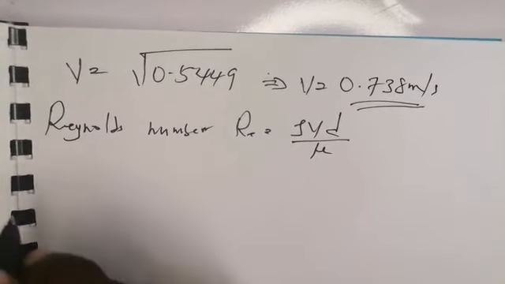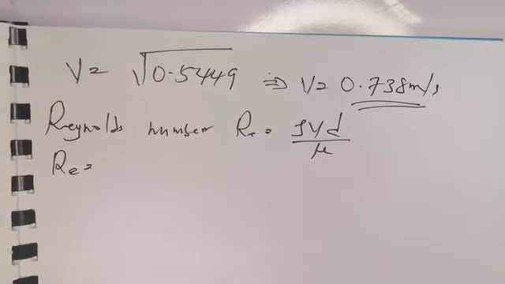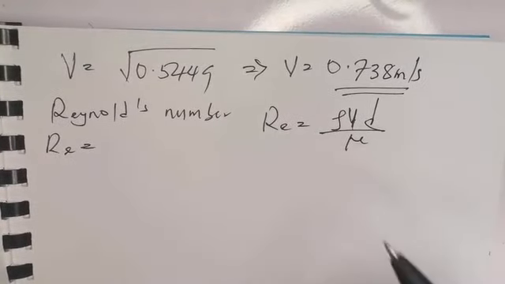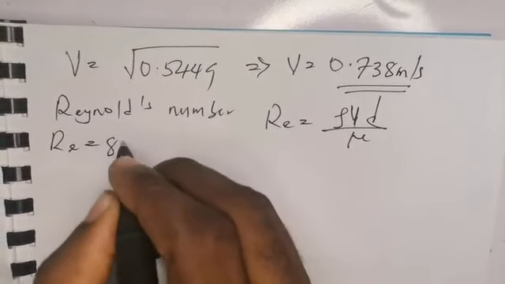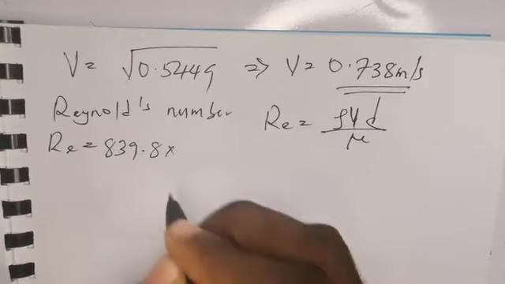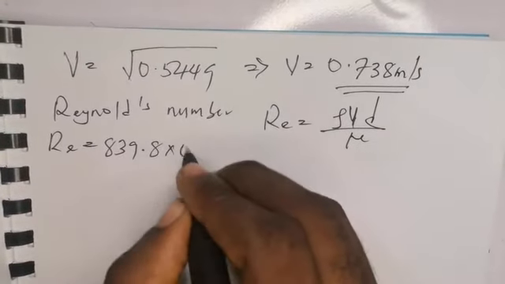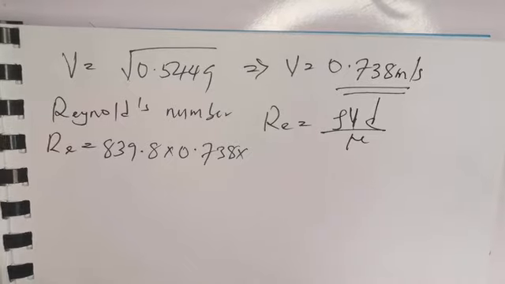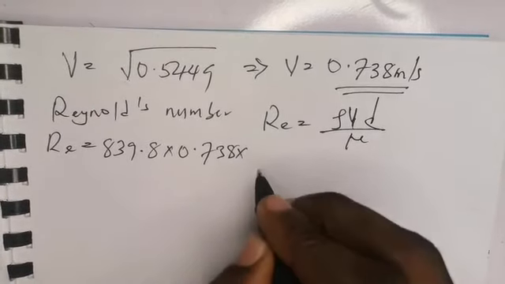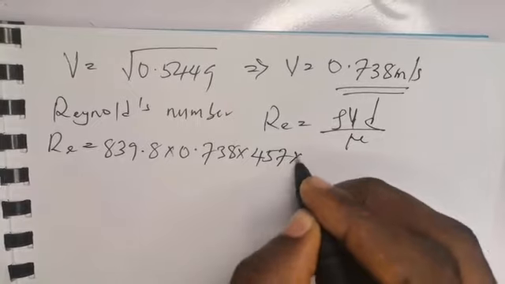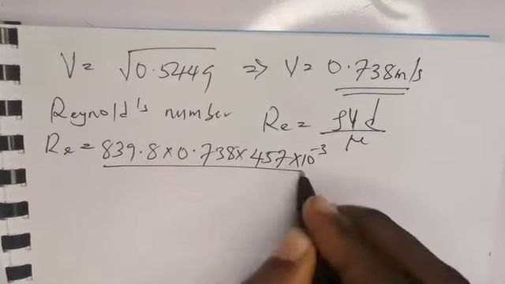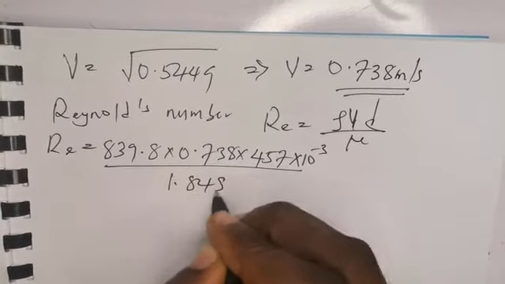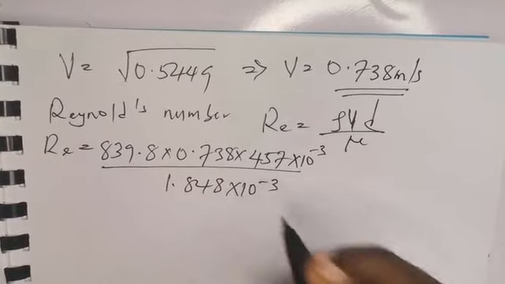Density was given in the question as 839.8, multiplied by the velocity we just obtained, 0.738, multiplied by the diameter of the pipe, given as 457 millimeter, which is 457 by 10 to the power of negative 3, all over viscosity, given in the question as 1.848 by 10 to the power of negative 3.